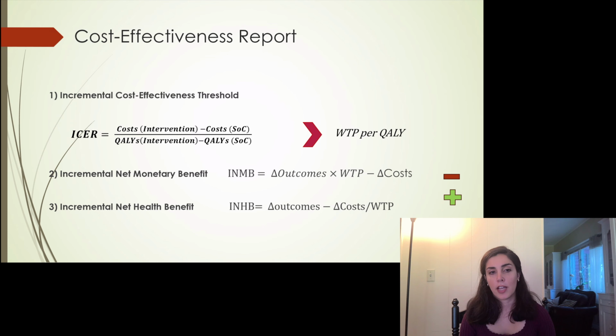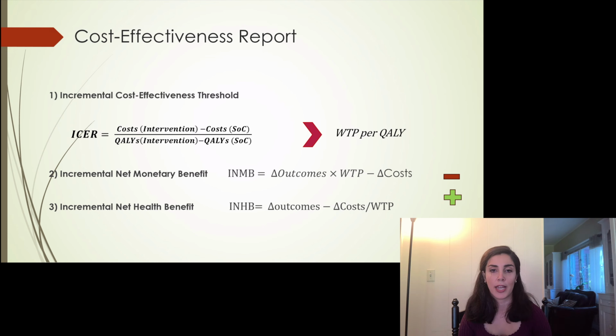If that ICER turns out to be higher than the willingness to pay per QALY threshold that I explained in the previous slide, then the intervention is not cost effective. But there are other ways that we can report cost effectiveness results in a linear way rather than a ratio, and these are incremental net monetary benefit and incremental net health benefit.